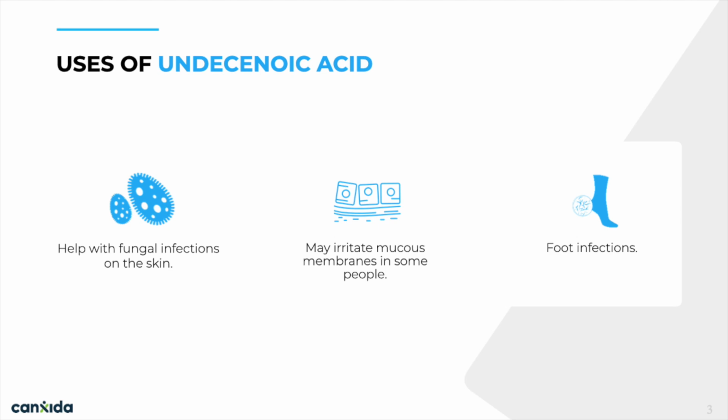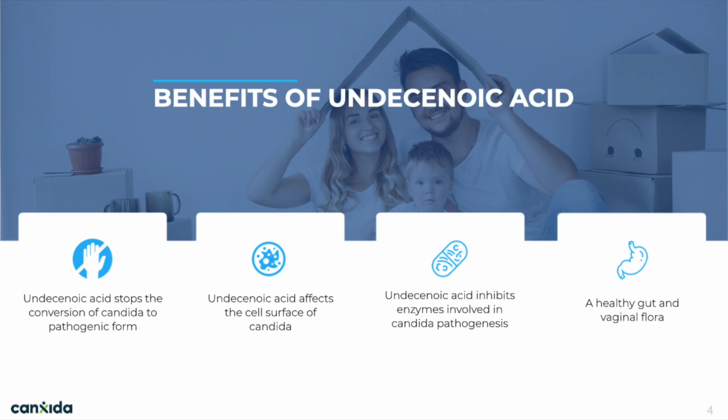So if we look at the benefits of undecenoic acid, let's talk about those. There are a plethora. There are so many benefits. So let's discuss some of these in more detail. Point number 1, undecenoic acid stops the conversion of Candida to a more pathogenic form. It's used in denture linings to inhibit the growth of Candida.